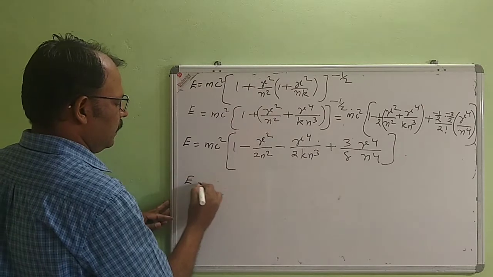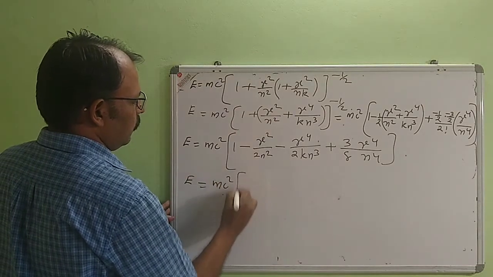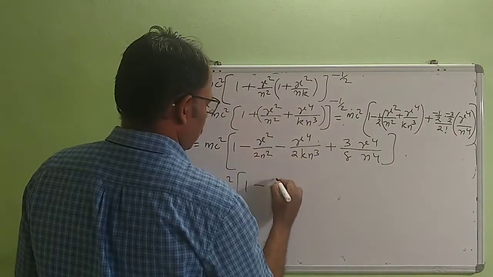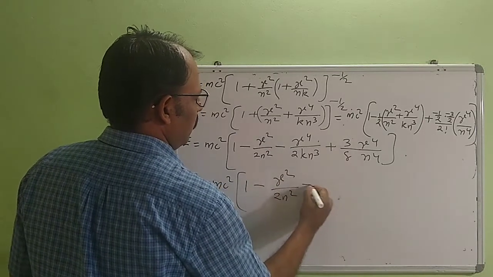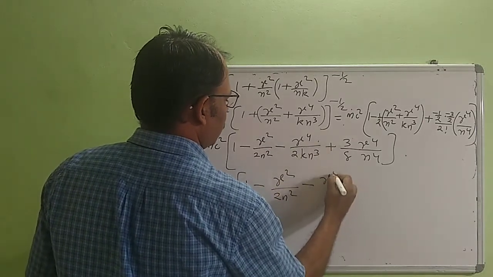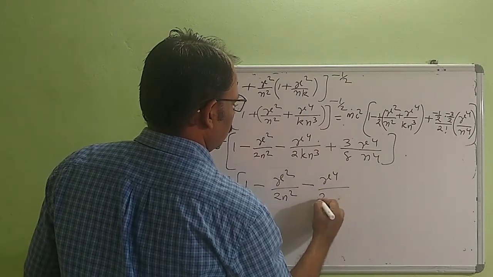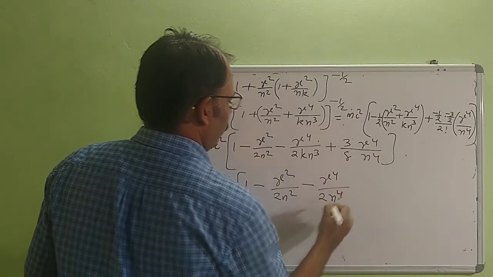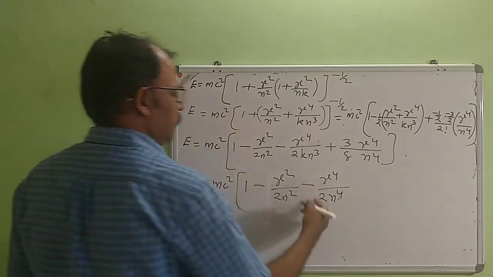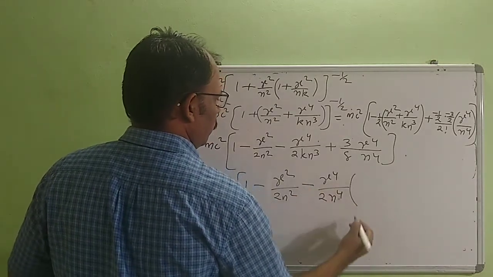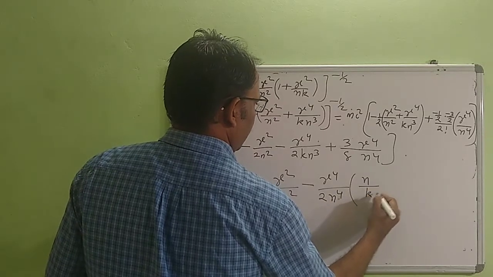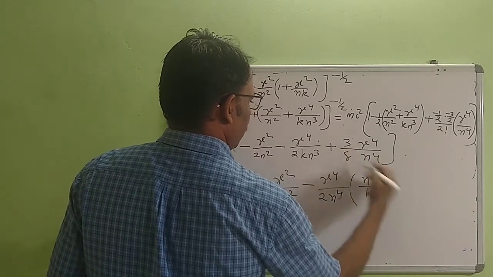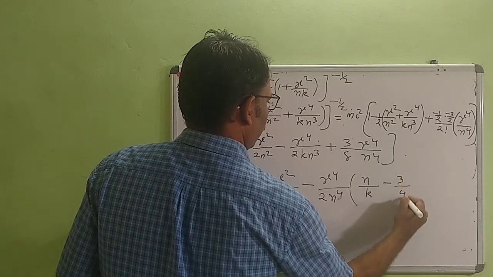Or we can write E is equal to mc square into 1 minus gamma square by 2n square minus, I am taking gamma raised to 4 by 2 n raised to 4 common. Gamma raised to 4 by 2 n raised to 4 into, here will be n by k minus 3 by 4.